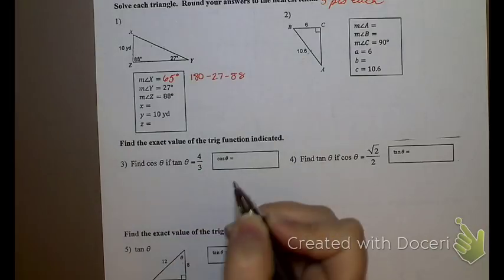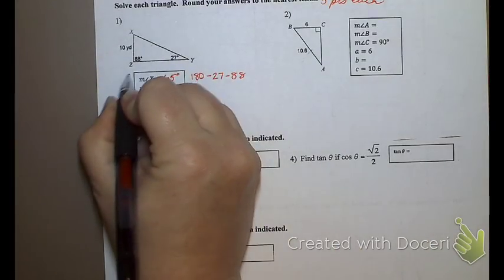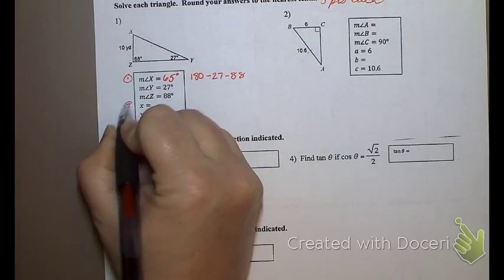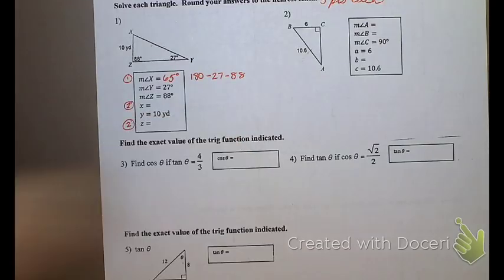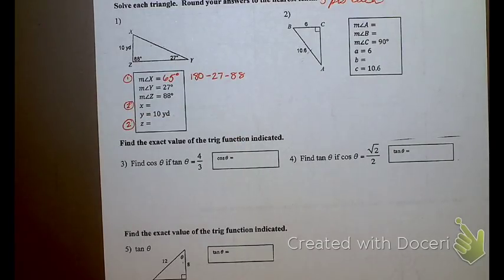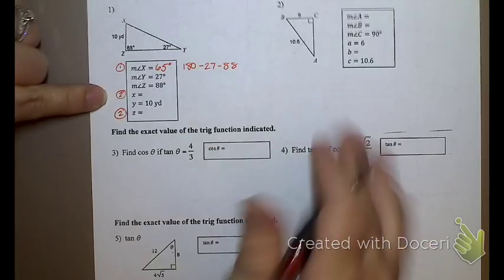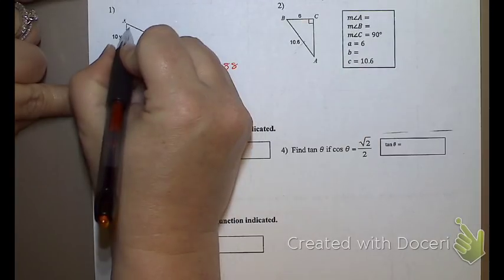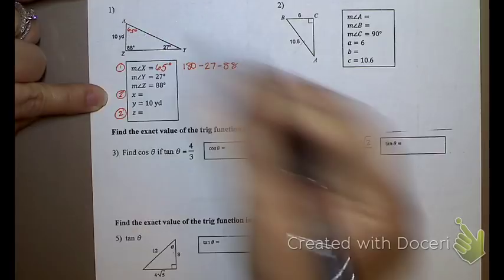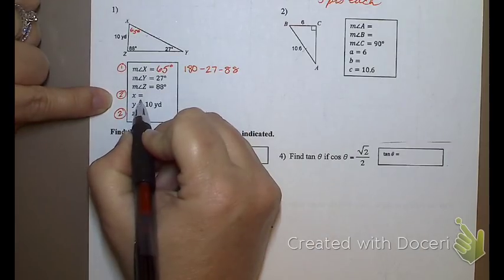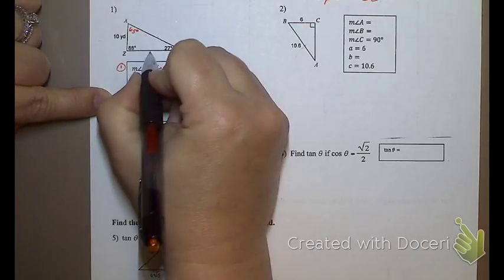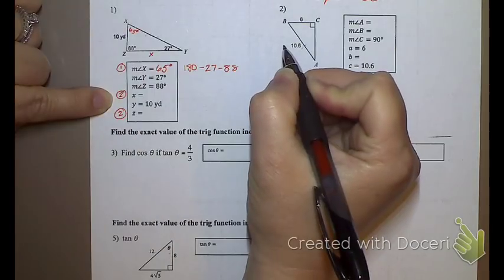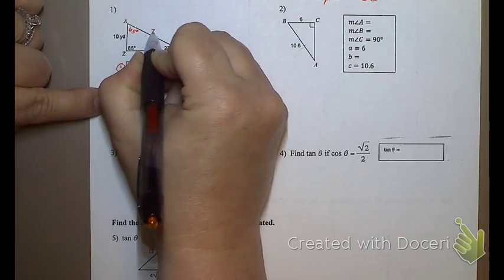Okay? So on this problem, I gave you 1 point for getting that guy, and then 2 points for each of these guys. There's the 5 points. All right, so now, I know that this is 65 degrees. So I need to find side X, which would be this guy, and I need to find Z, which would be that guy.